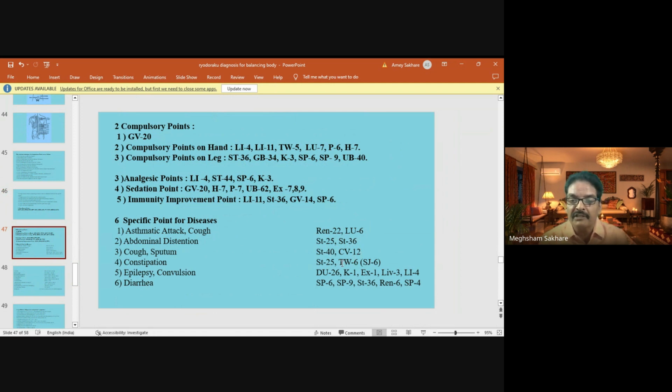For constipation, stomach 25, TW6. Epilepsy, convulsions: GV26, DU26 or K1, extra 1, liver 1, Li4. Diarrhea: SP6, SP9, stomach 36, CV6 or REN 6, SP4.